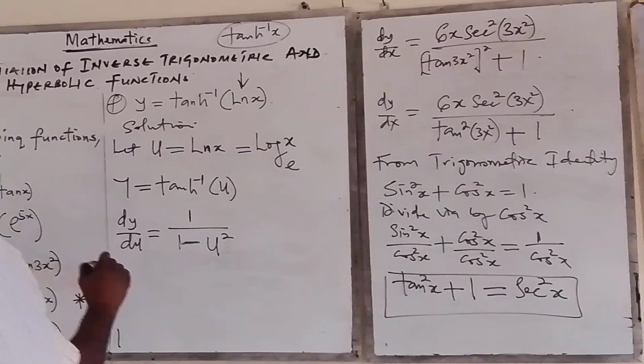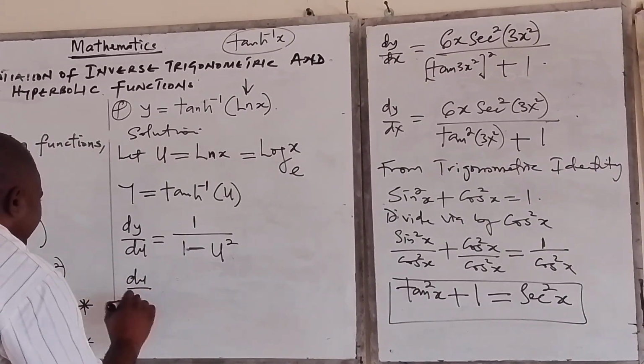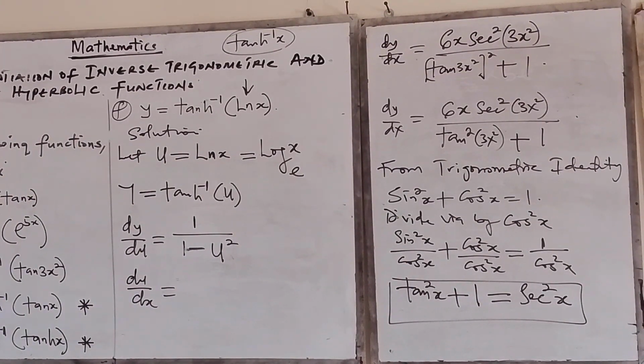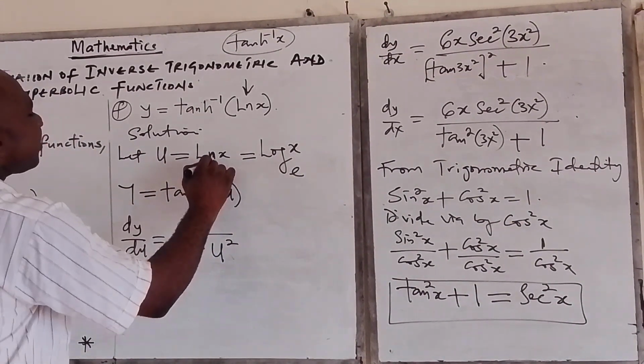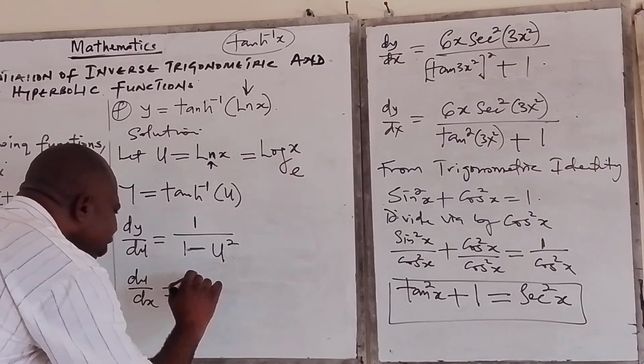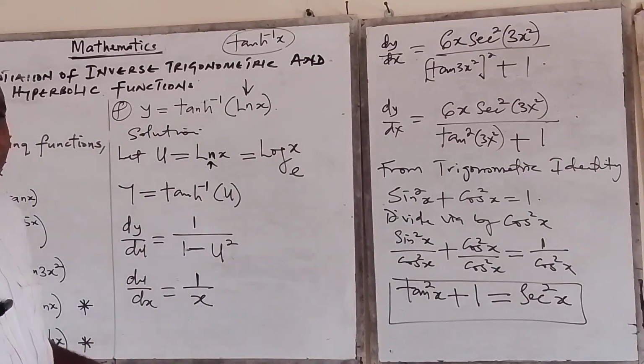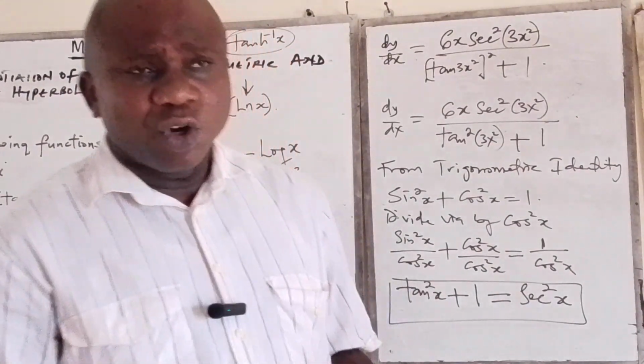Now let's look at du/dx. We all know that when you differentiate ln x, it gives 1 all over x. The derivative of ln x is 1 all over x.